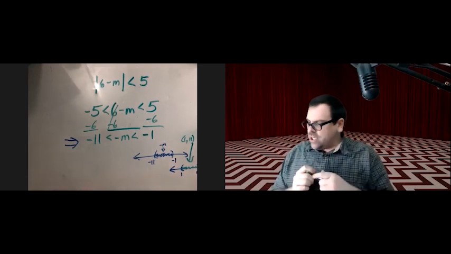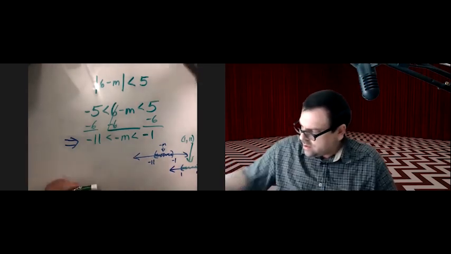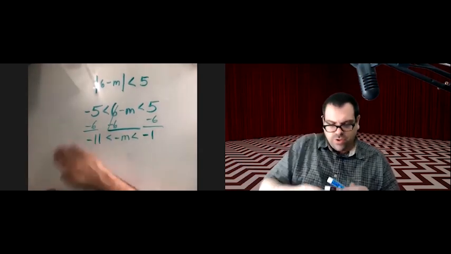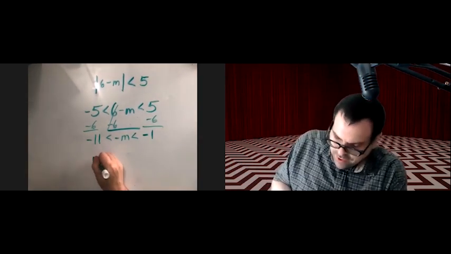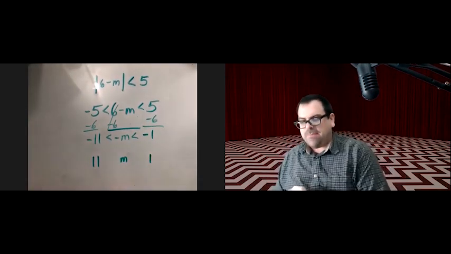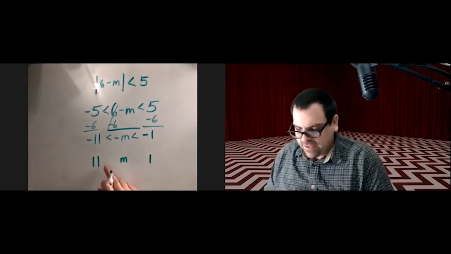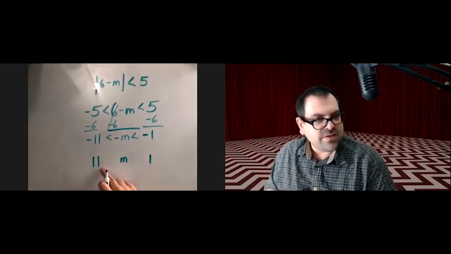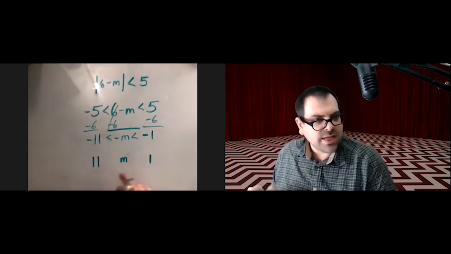So I can't just change this to positive 11 and this to positive 1 and this to m and leave it less than, because this wouldn't make any sense. This would have to be less than this to use less thans there.